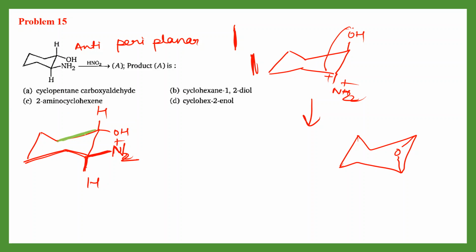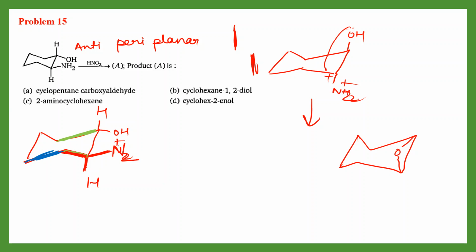Will this green bond migrate, or will this blue bond migrate? Green one. Why? Ma'am, this diazonium is sp hybridized. It is linear, so its sigma star LUMO orbital will get better overlap with that bond.